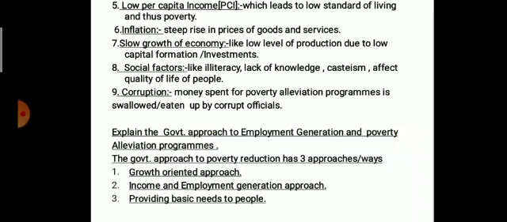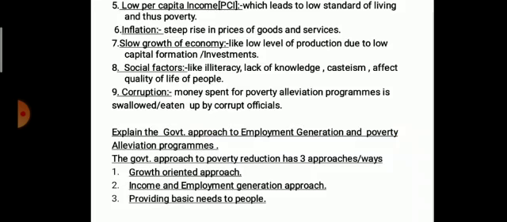So low per capita income: if we compare the per capita income of India with USA, there is a lot of difference. The standard of living of USA is very high because each individual's per head income is more, whereas in India per head income is very less. Therefore it leads to low standard of living and poverty.